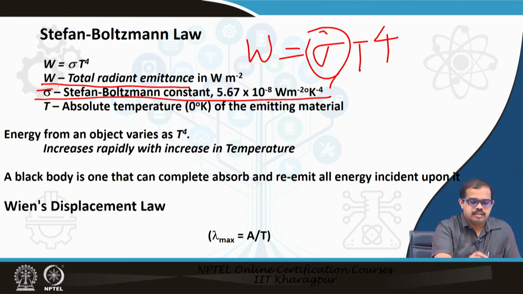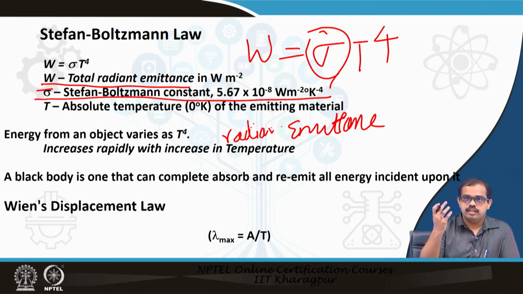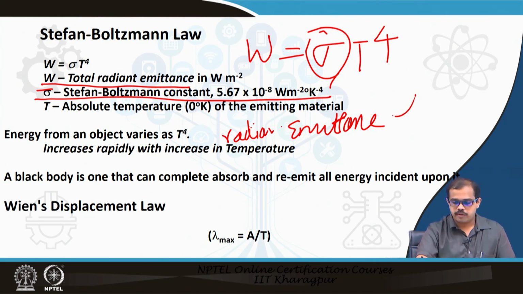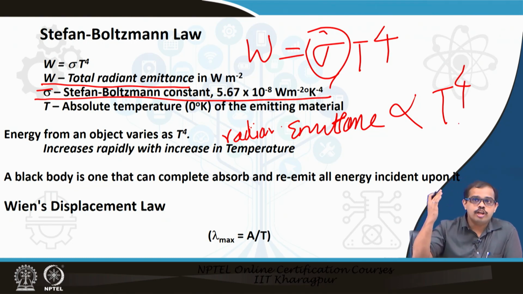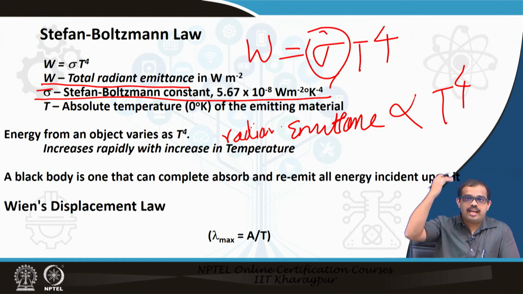That is nothing but T. Now, the total radiant emittance, the radiation coming out after absorption, is proportional to the fourth power of the temperature. So the higher the temperature, the higher the emittance; the lower the temperature, the lower the emittance.